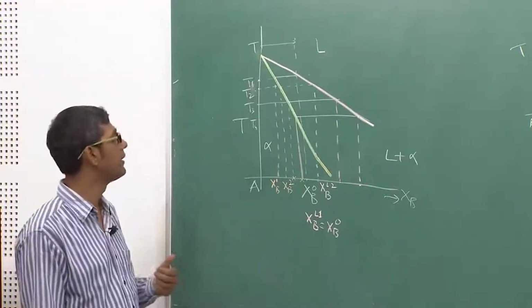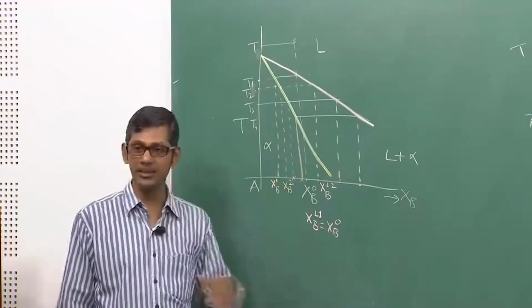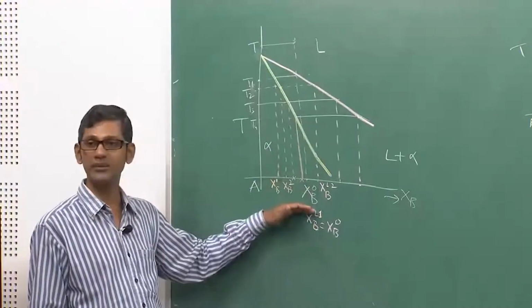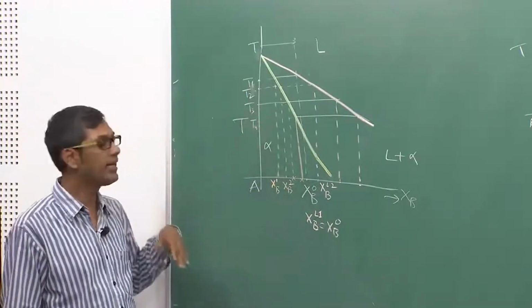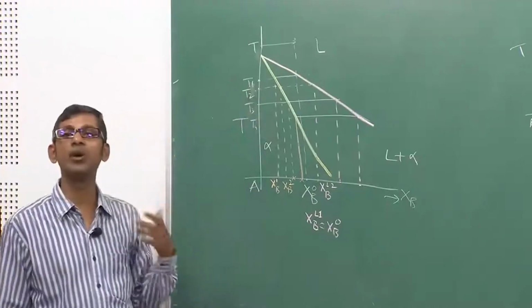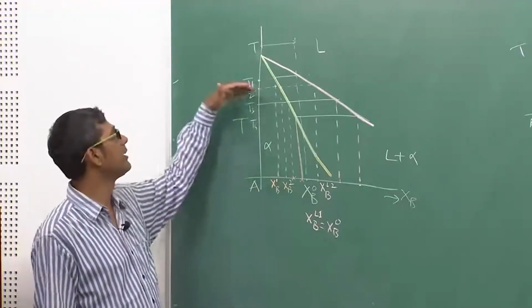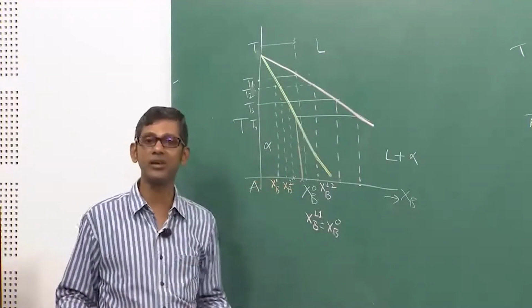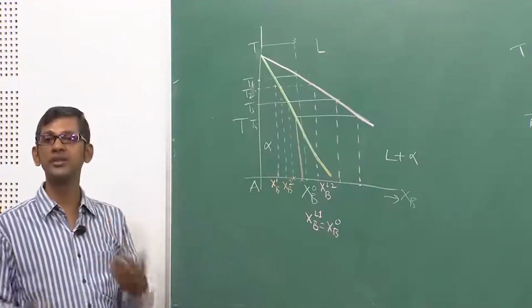So now if I want to create a solid whose composition is exactly the same as the liquid starting with Xb0, I have to keep it at every temperature for a very long time for the adjustment of the compositions, because the solid and liquid forming at every temperature have different compositions, and these different compositions will lead to inhomogeneity in the solid.